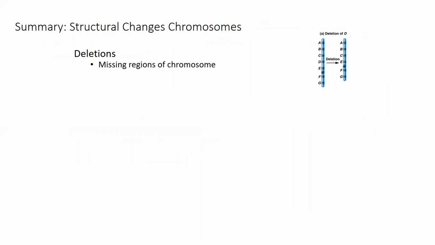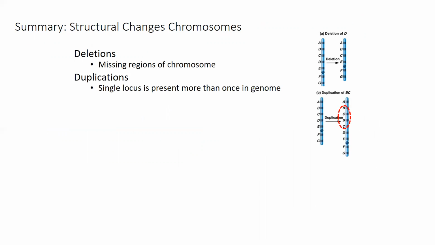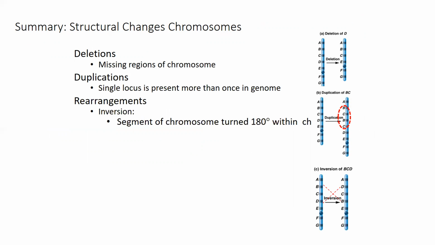Okay, so to summarize the structural changes in chromosomes, you have deletions, which are missing regions. Duplications, where a single locus is present more than once in a genome. Rearrangements: inversions involve a 180 degree turn in the chromosome.